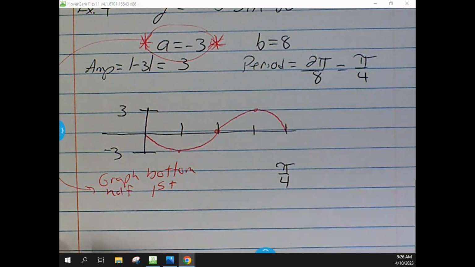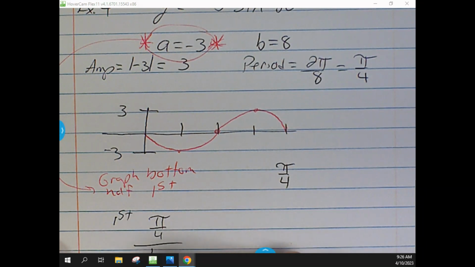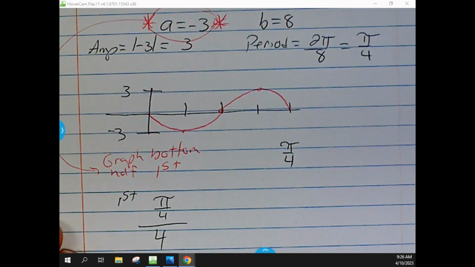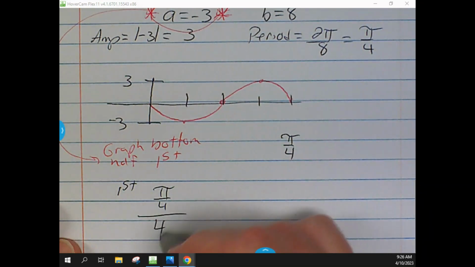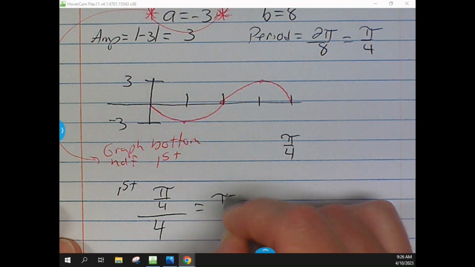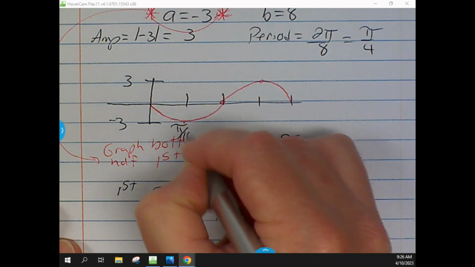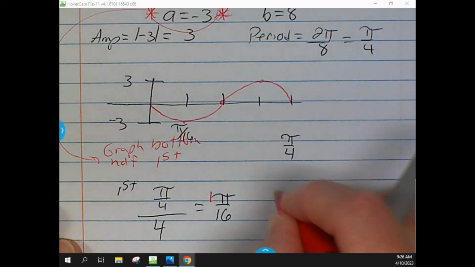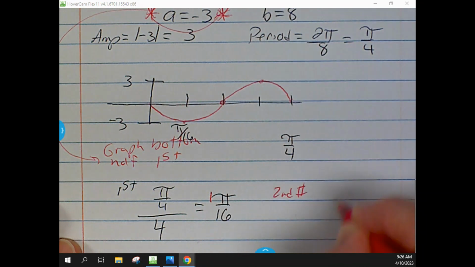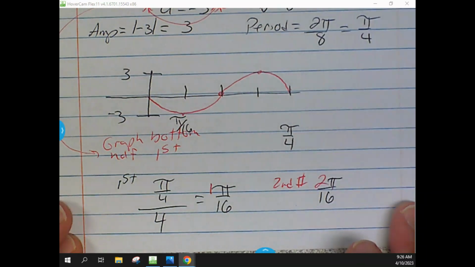Okay, and to get the first number, it's pi over 4 over 4. And again, the shortcut is if you do that, you just multiply these two numbers together. There you go. So that's pi over 16. Again, technically that's 1 pi over 16. Second number is 2 pi over 16, and then your third number would be 3 pi over 16.